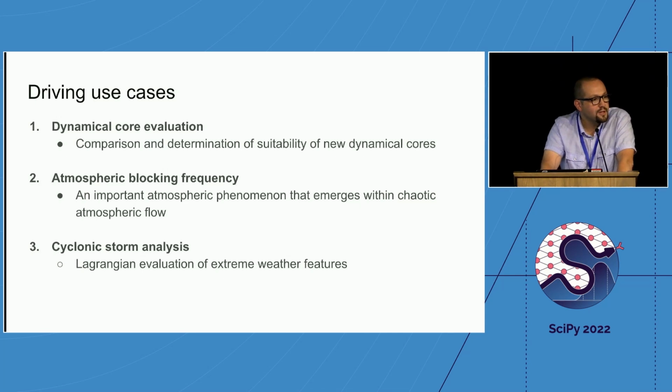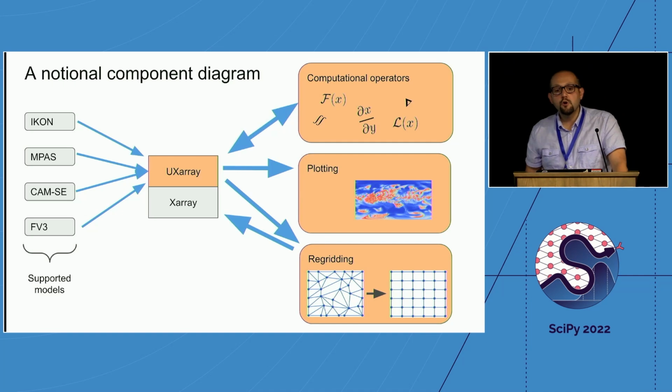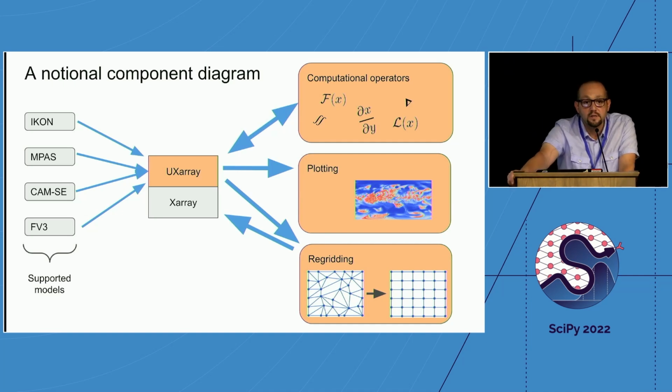I will speed up a little bit, as I'm in the last 5 minutes. So this is a notional component diagram that could show you how the realization of Project Raijin could take place. We introduced a brand new UXarray package that extends Xarray. That is for data representation for unstructured grids.